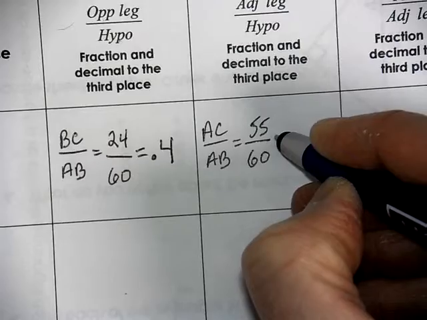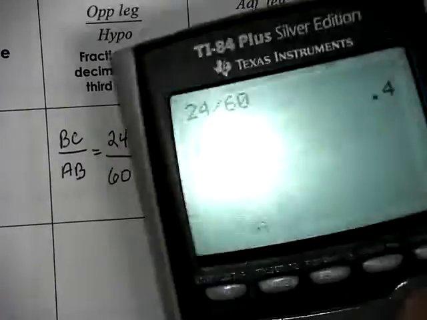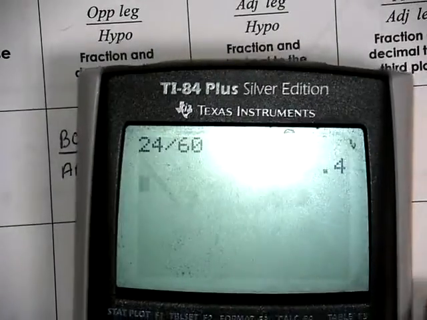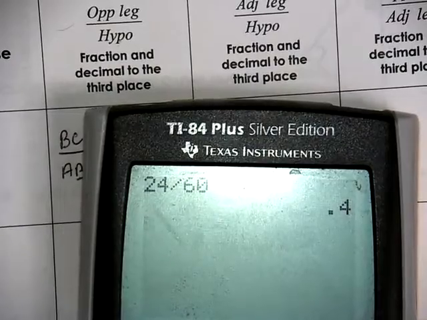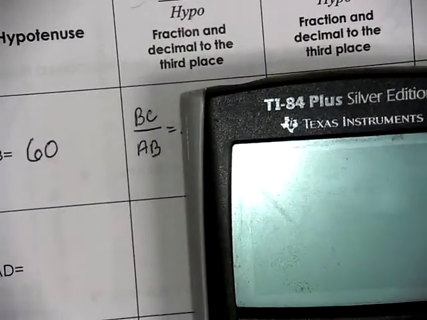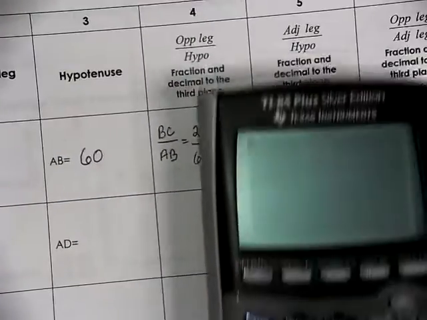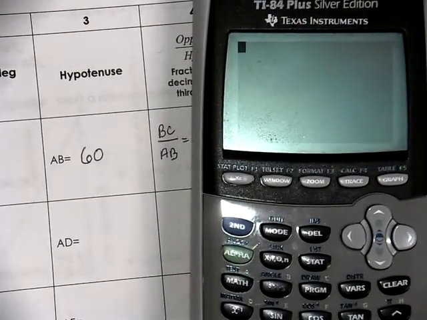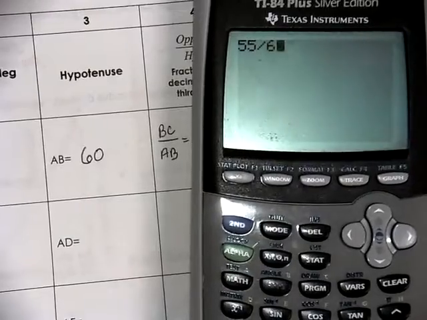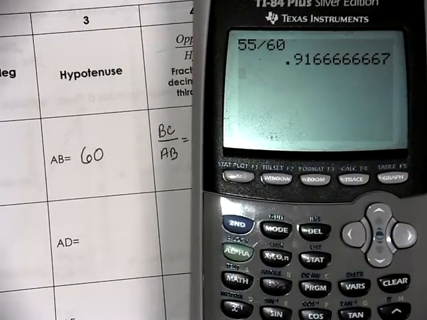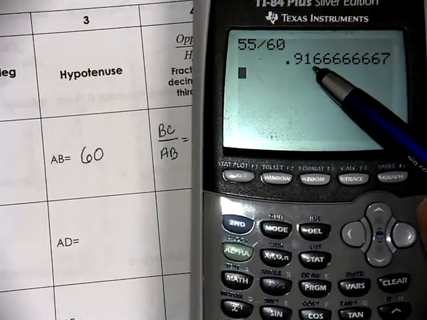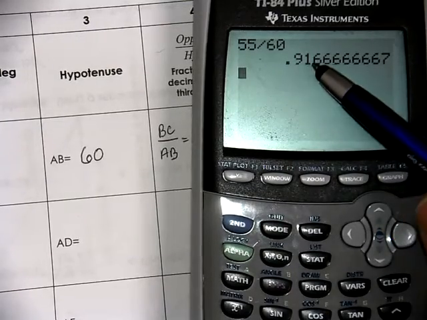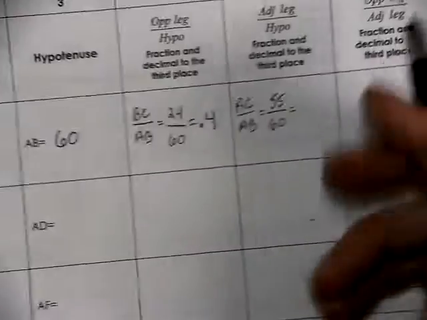We could reduce that. So we get 55 divided by 60, and that comes out to be 0.916. We could round that to 0.917.